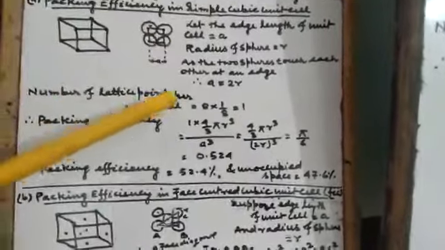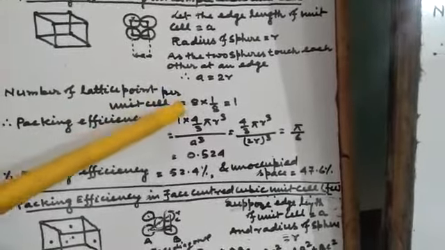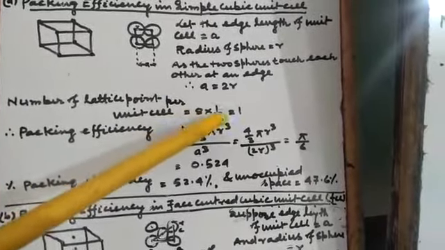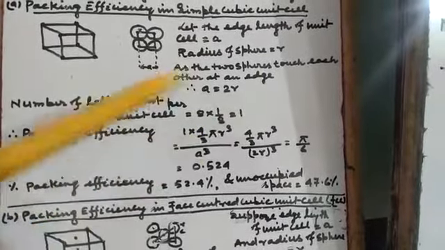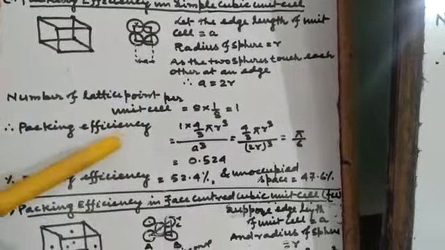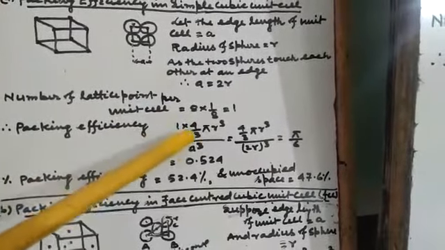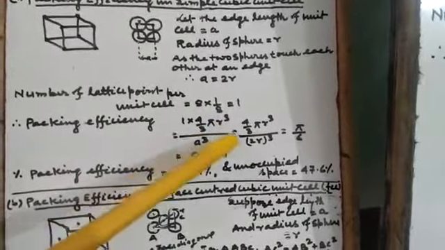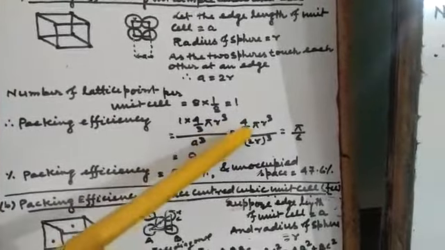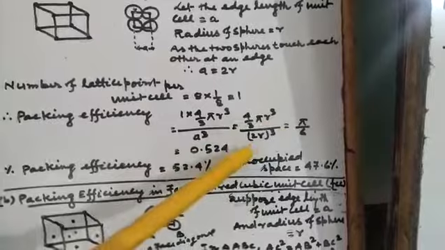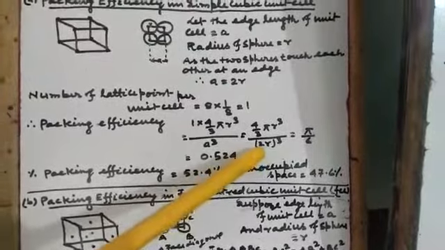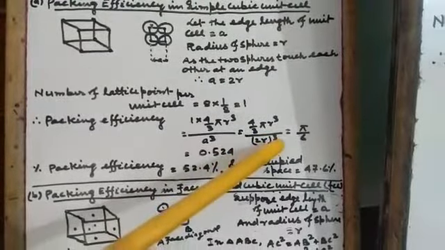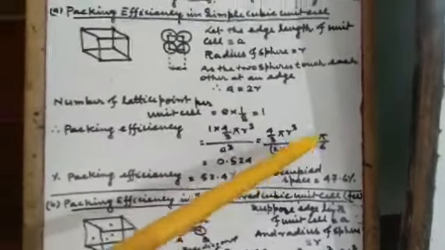Number of lattice points per unit cell is equal to 8 into 1 by 8, equal to 1. So packing efficiency is equal to 1 into 4 by 3 pi r cube divided by A cube, which is equal to 4 by 3 pi r cube divided by, because A is equal to 2R, in place of A we can write (2R) to the power 3.